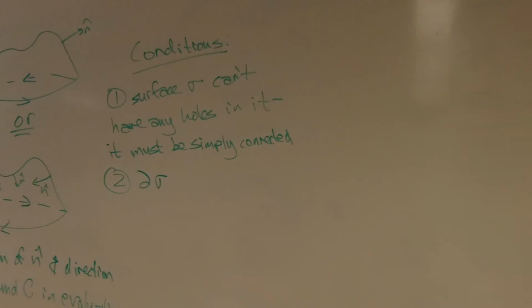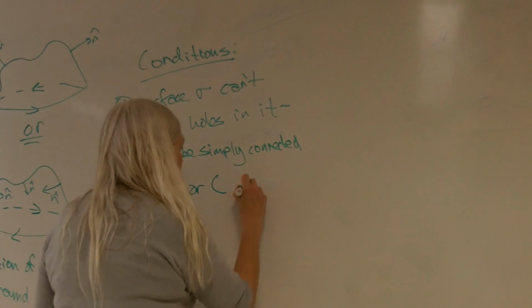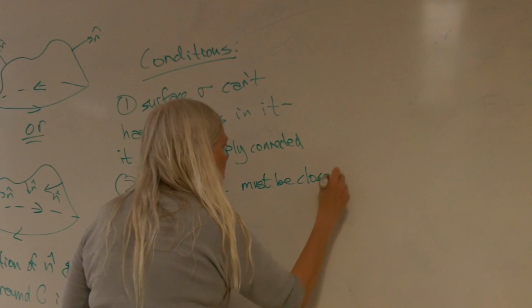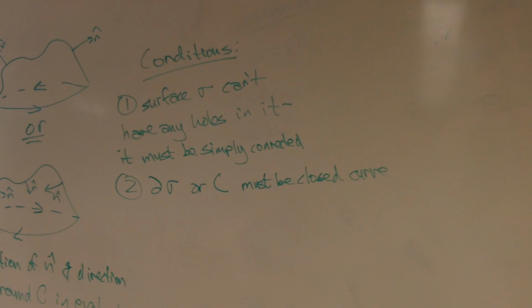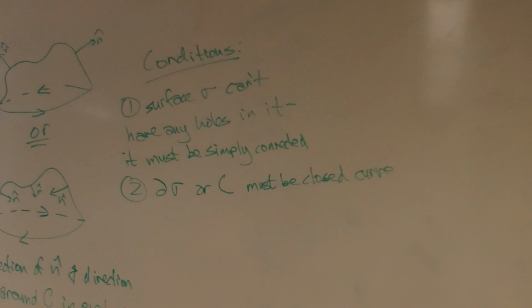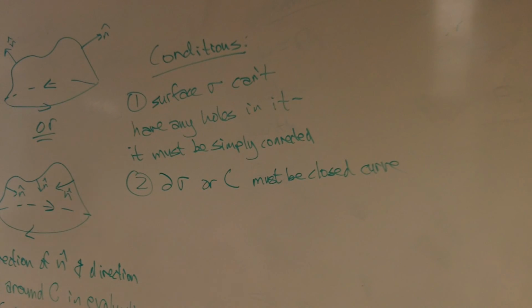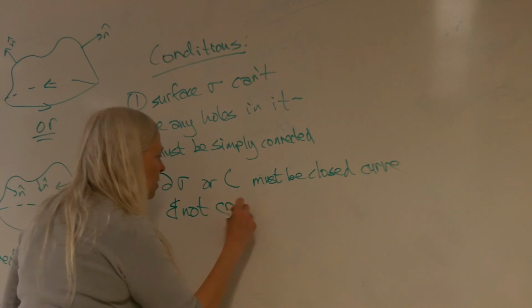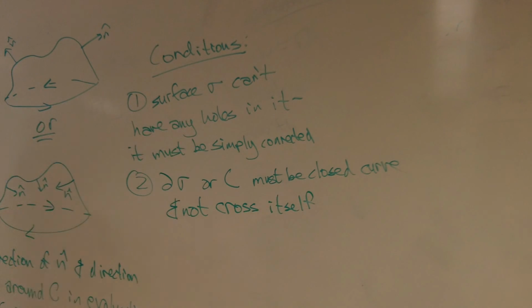The curve C must be a closed curve. After all, a curve that forms the boundary of an area must be closed, right? It's going to loop back and join onto itself. But it also can't cross itself, so it can't be like a figure 8 type curve, for example.